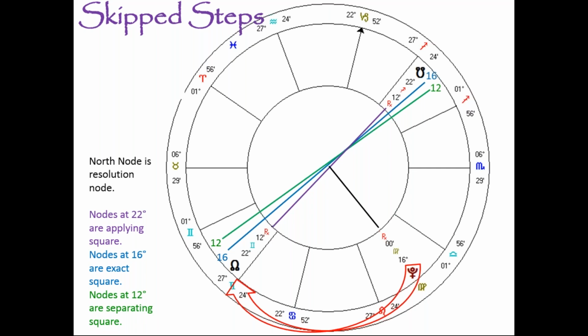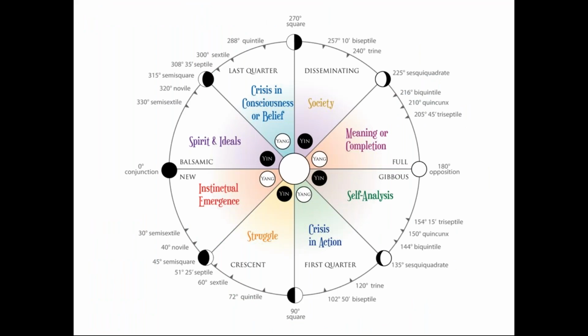Now, just for the sake of this class, I wanted to include the cycle of phases and aspects as I have drawn it up. This originated with Dane Rudhyar, to the best of our knowledge, with his book, The Lunation Cycle. And he went through the 8 phases of the sun and the moon.